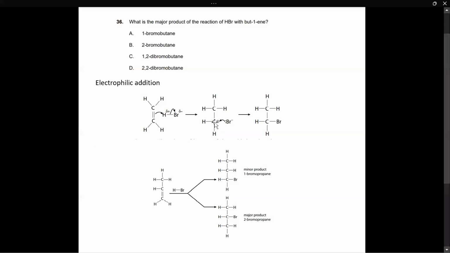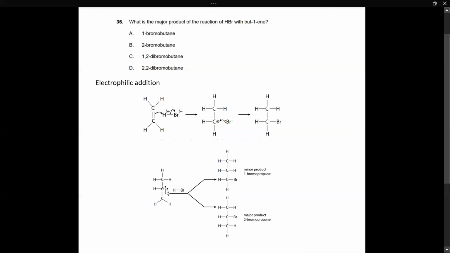I told you how this positive charge makes the whole molecule unstable, right? And in this reaction, it is the exact same thing. If hydrogen chooses to attach to carbon number 1, then carbon number 2 is going to have that positive charge.